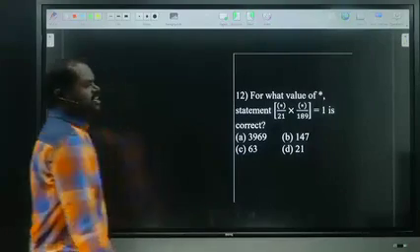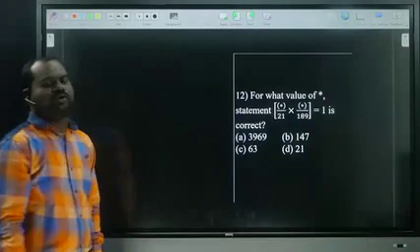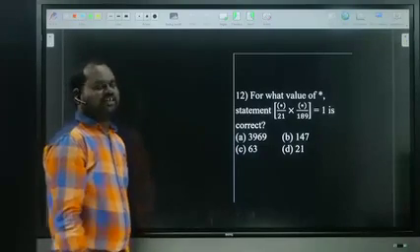Now, same kind of problem. Once try this. For what value of the star, the statement star by 21 into star by 189 equals to 1. Once try that.